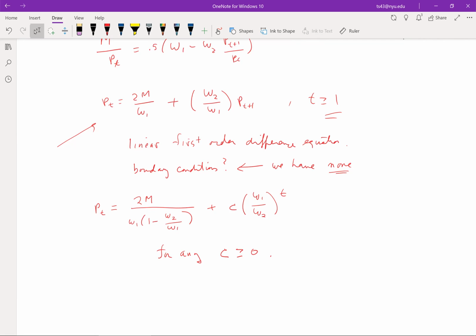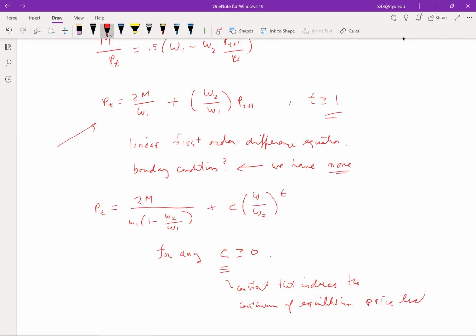So c is going to be a constant that indexes the continuum of equilibrium price paths, price level paths.